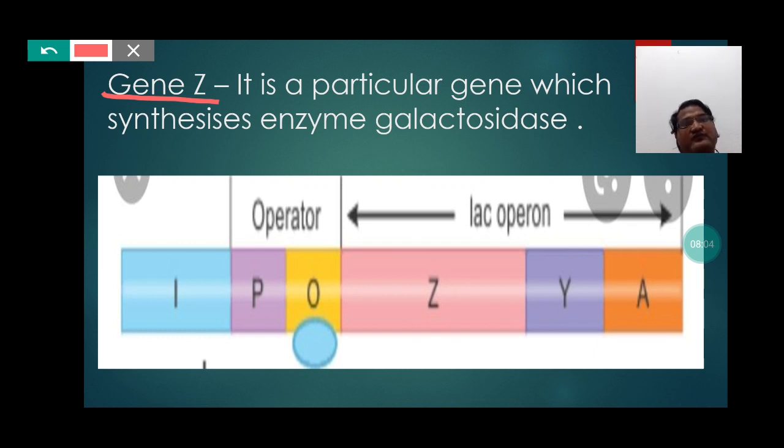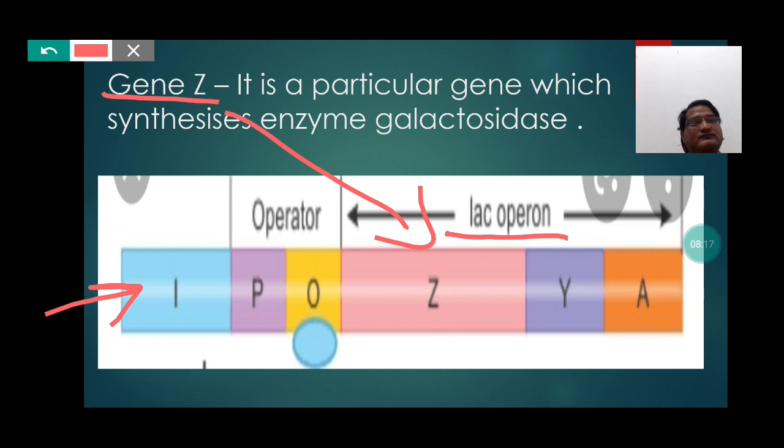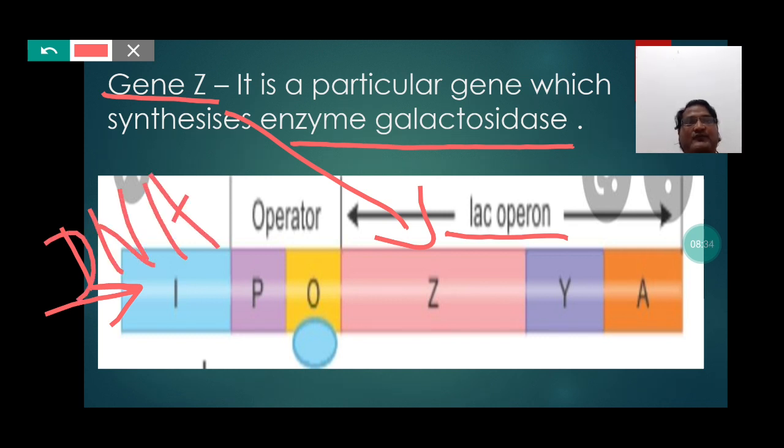If we concentrate on this picture, we can easily understand the presence of gene Z, which is forming the lac operon and is the structural gene of lac operon, and the main function of which is to synthesize enzyme galactosidase. So students, this strand is the DNA strand on which the gene Z remains present and forms the enzyme galactosidase.